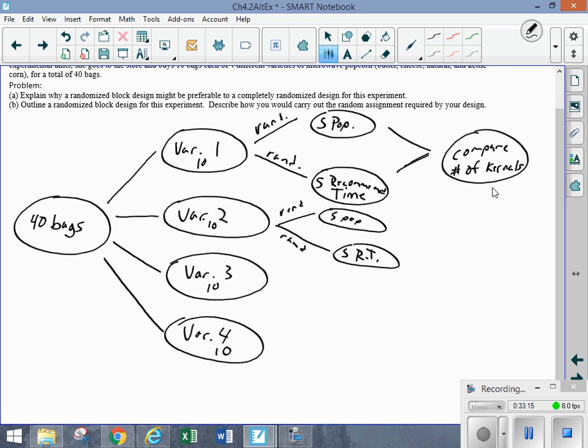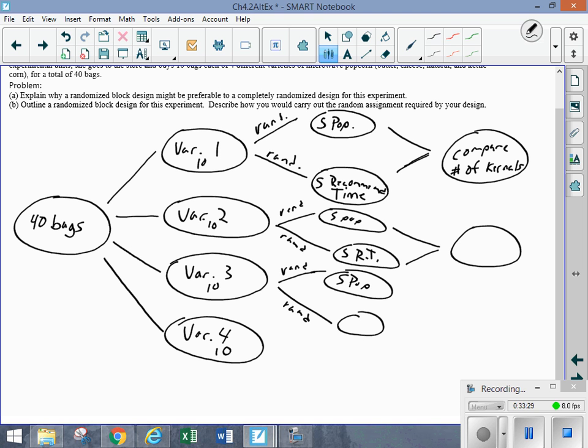Over here, rand. And we're going to go 5 pop. And also these need to be compared. Compare kernels. All right. Recommended time. And then we're going to compare kernels.